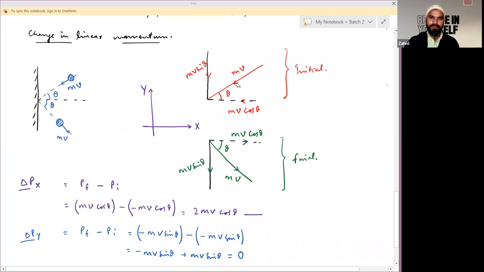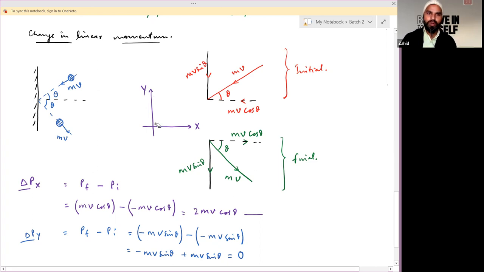For this initial part, as it is going towards the wall, there will be two components related to this theta. One would be mv cos theta and the other is mv sin theta. Similarly, on getting reflected back, you will have two components related to this theta. One is adjacent to this, that will be mv cos theta, and the other will be mv sin theta.